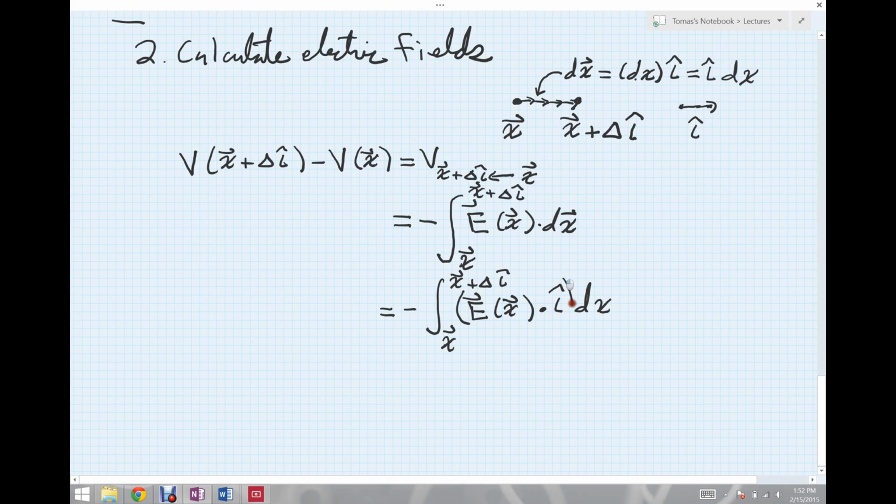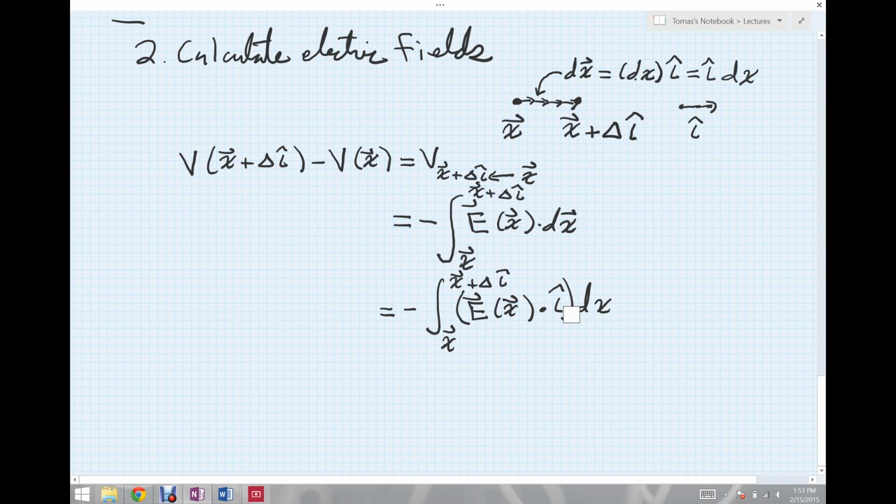And I'm writing it this way because this is a very interesting quantity. If you think about dotting something with I hat, all that does is pull out the I hat component of that vector, its projection onto I hat.